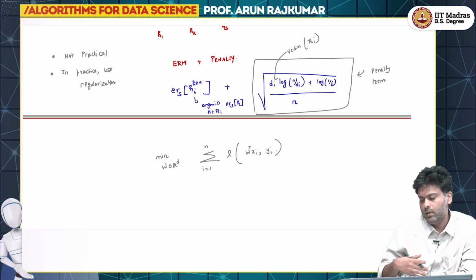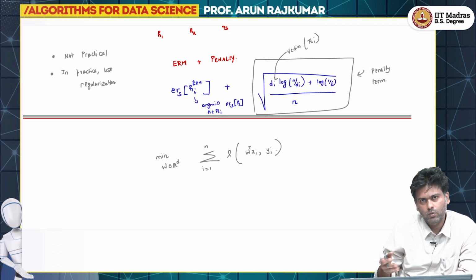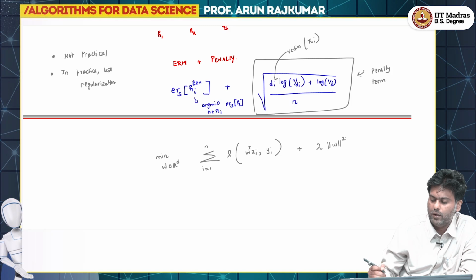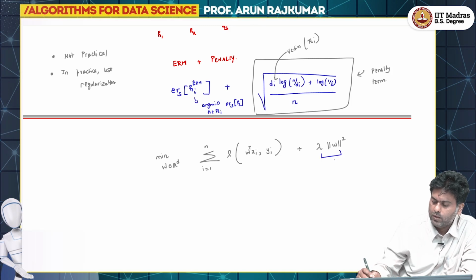It could be the logistic loss, hinge loss, or exponential loss, plus maybe some lambda times norm w squared. This would be the regularization.